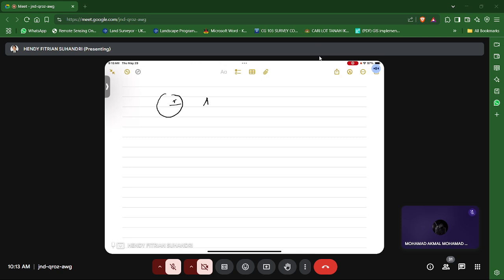So the area of the circle is denoted as A equals pi times r squared. And this is obviously a nonlinear equation, since we have the power of 2 for the r.